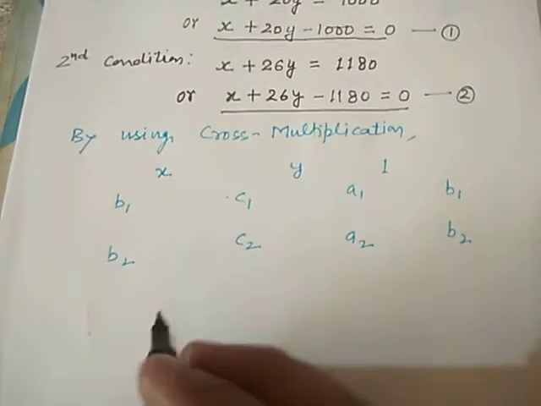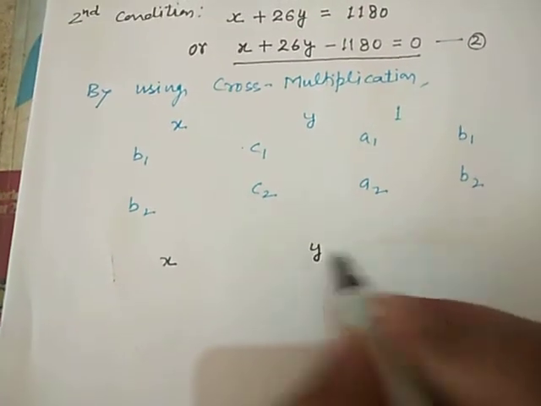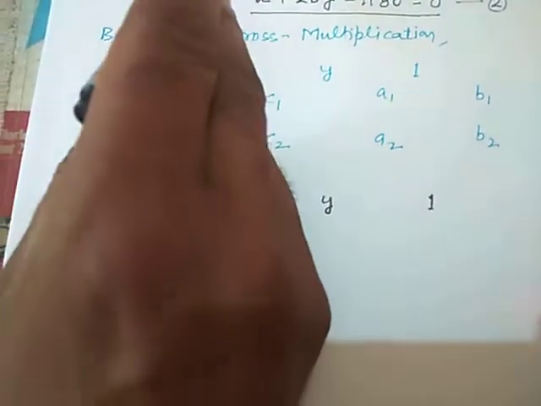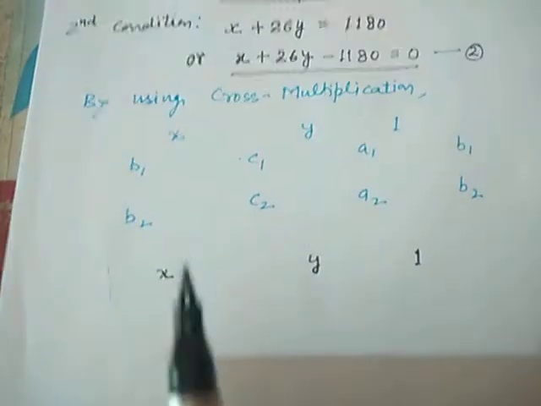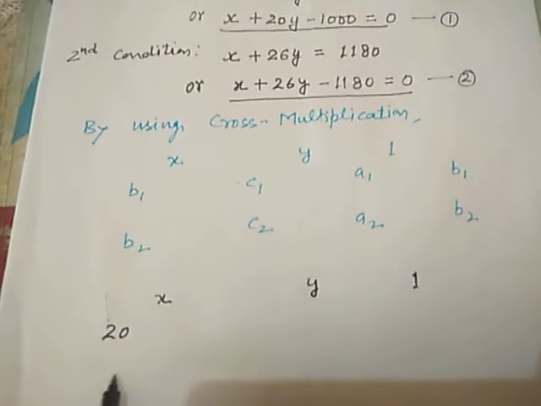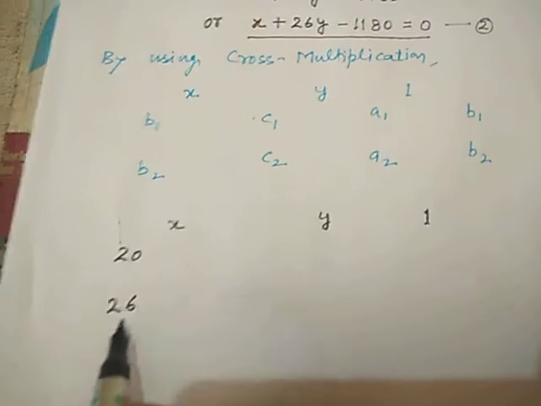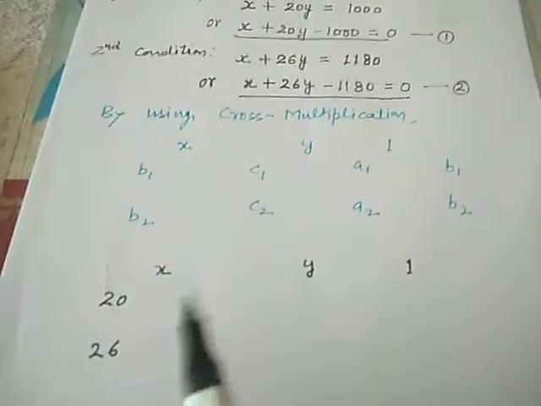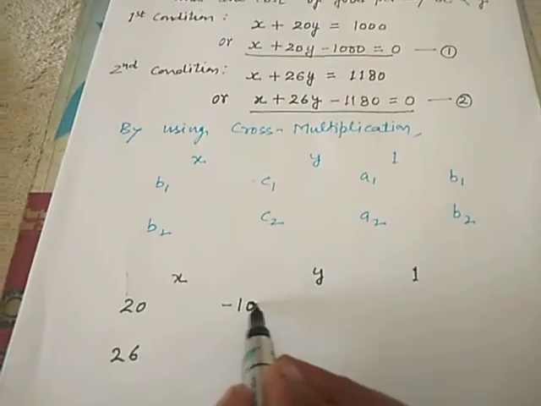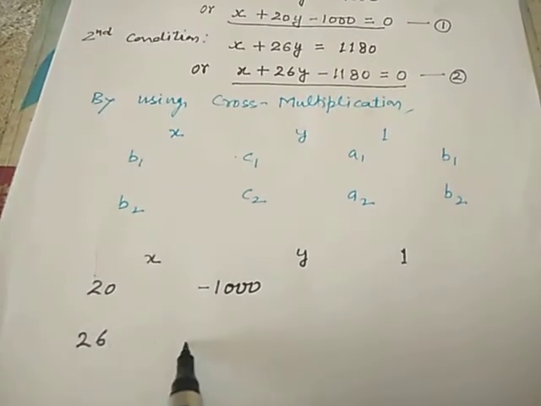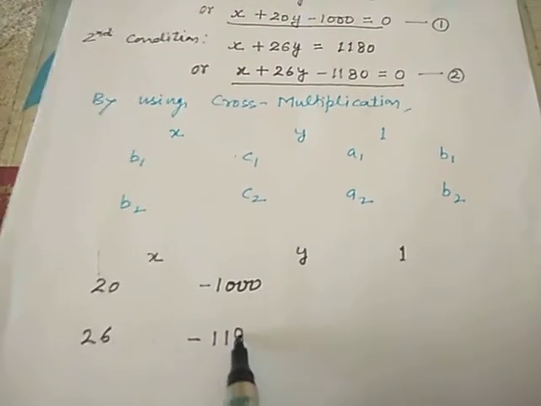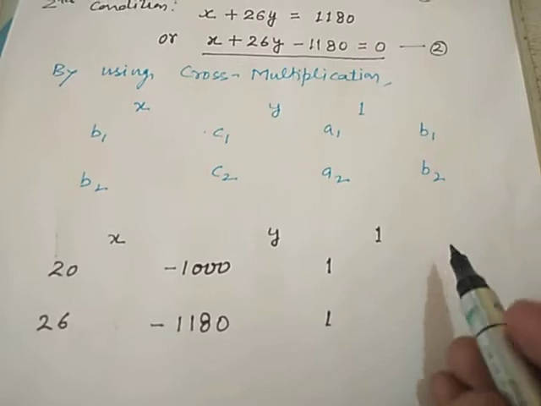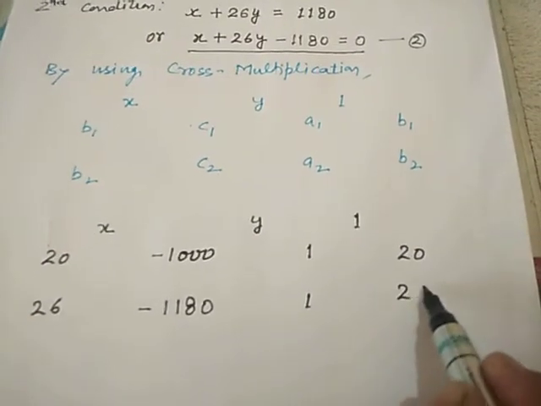So we will use it as x, y, 1. Here b1 is 20 and b2 is 26, and here c1, c2 is minus 1000 and here minus 1180, and a1, a2 is here 1 and b1, b2 is here again 20 and 26.